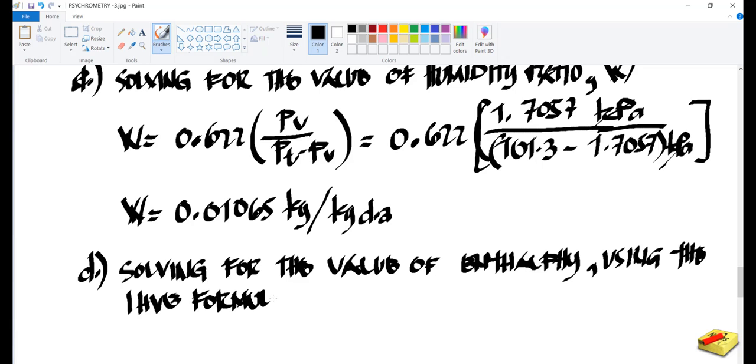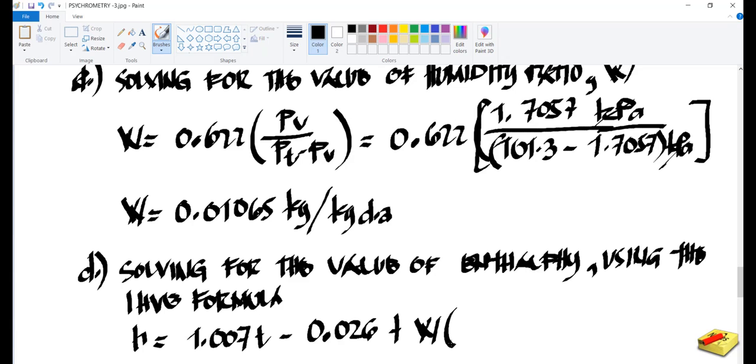Okay, so we can use your H, which is equal to 1.007 times the temperature minus 0.026 plus the humidity ratio times 2501 plus 1.84 T.